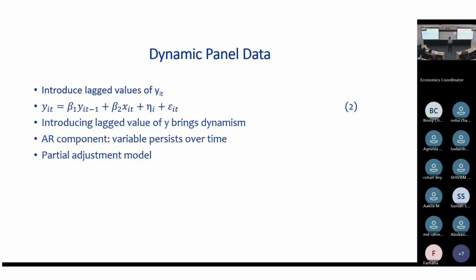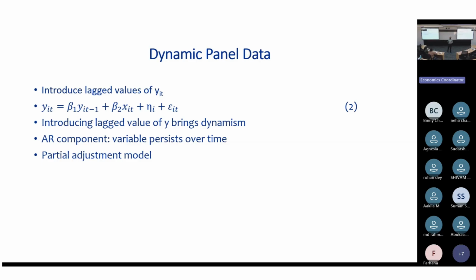Since the y variable that is realized today is not instantaneous, and since past values of y play a role in determining the y variable today, we also call this model a partial adjustment model. The panel data model that you studied in the morning session is typically an adjustment model, because any change in x_t instantaneously changes y_it, right?